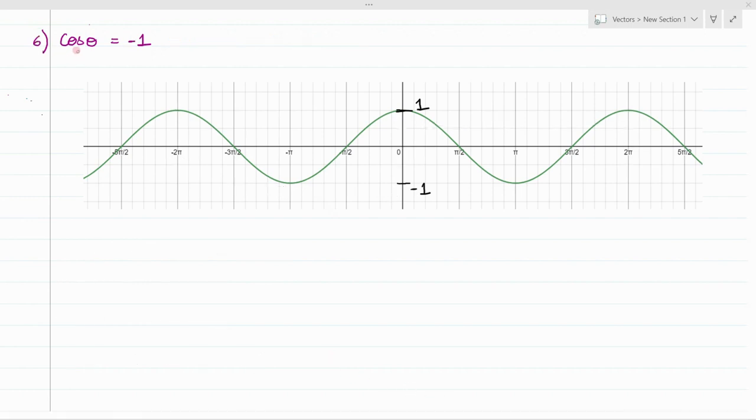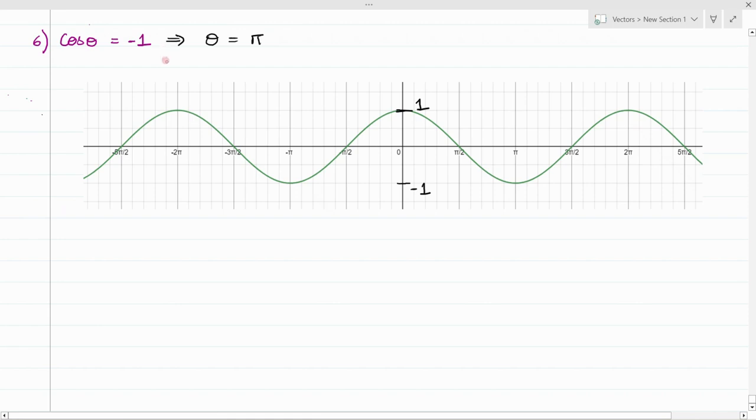The next trigonometric equation and the final equation is cos theta is minus 1. If someone asks you what's the value of theta if cos theta is minus 1, you'll just think for 2 seconds and simply say that theta is pi. But this theta equal to pi is just a single solution for this trigonometric equation because it has infinitely many solutions.